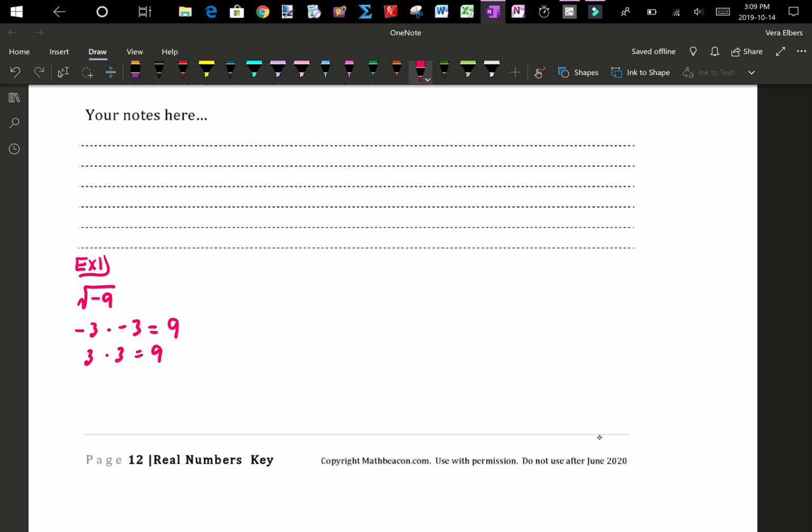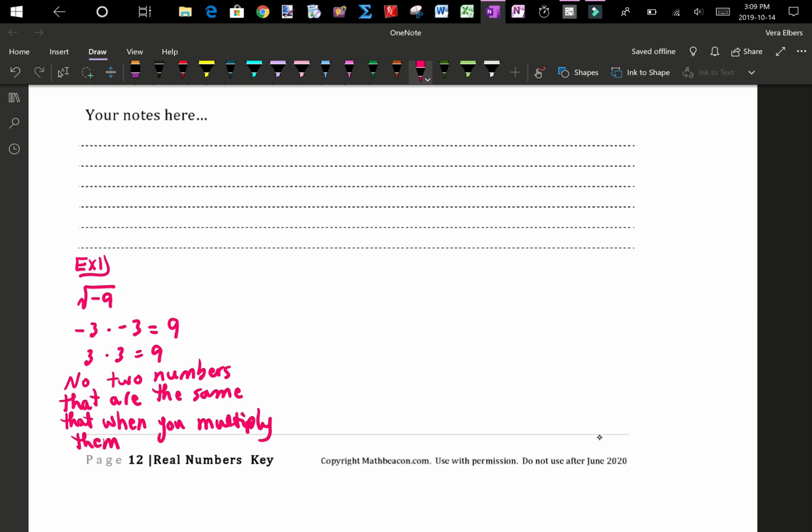So there are no two numbers that are the same that when you multiply them will give you -9. That means there's no answer, so we say no real solution.